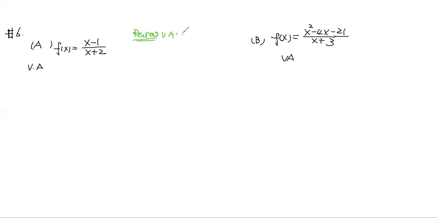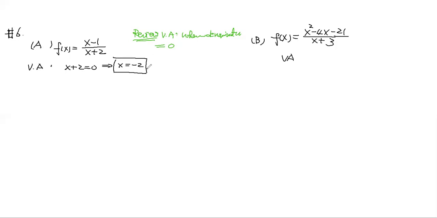It's when the denominator is equal to 0, right? So for here, the denominator is x plus 2, so the way to find x is x plus 2 equal to 0. That means my x is equal to negative 2. So that's my vertical asymptote here.